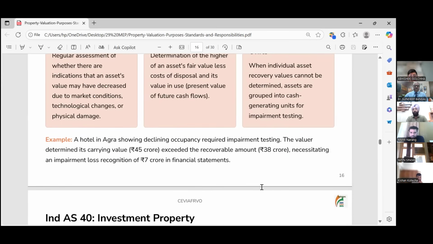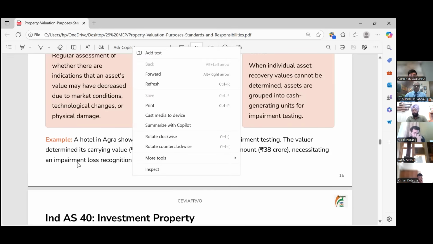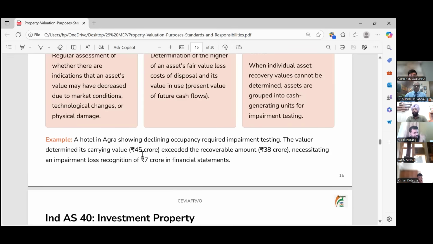So this is what the valuer has to find out. They have to find out that the value of the asset is 38 crore, whereas in the books of account it is 45 crore, which means there is an impairment loss of 7 crore in the financial statements.